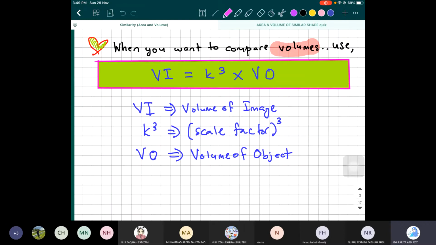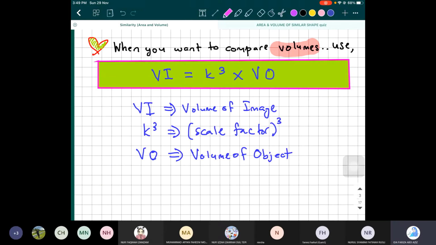This is not under the topic enlargement. So there's no fixed that we can say, oh, this is the object and this is the image. Macam tajuk transformation. No. Tapi, I suka gunakan istilah object and image ni supaya senang students nak ingat.